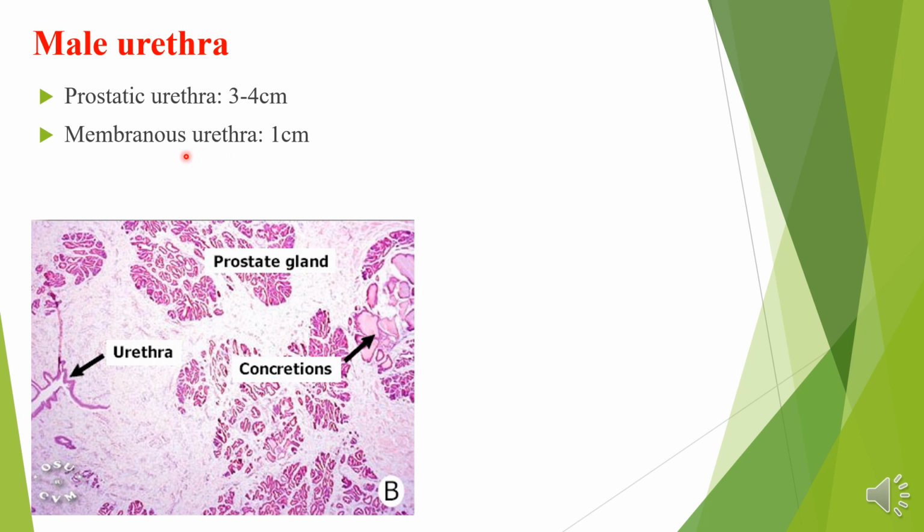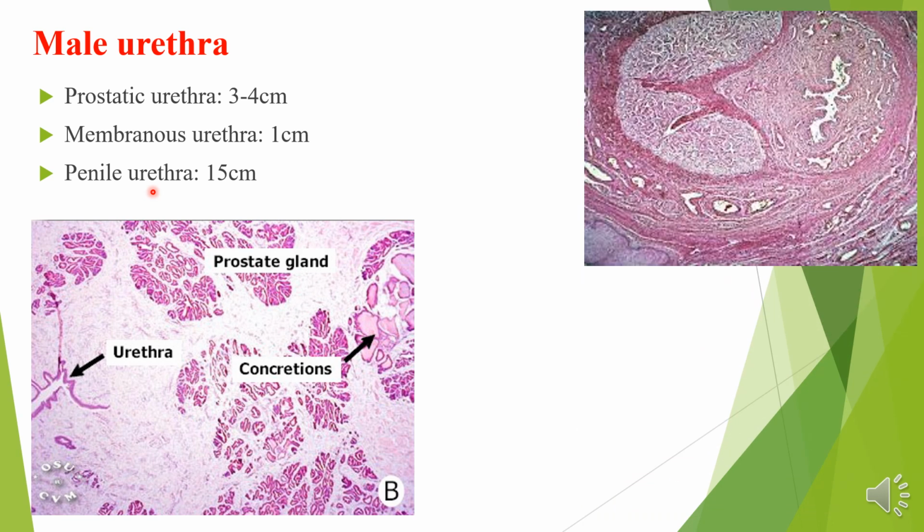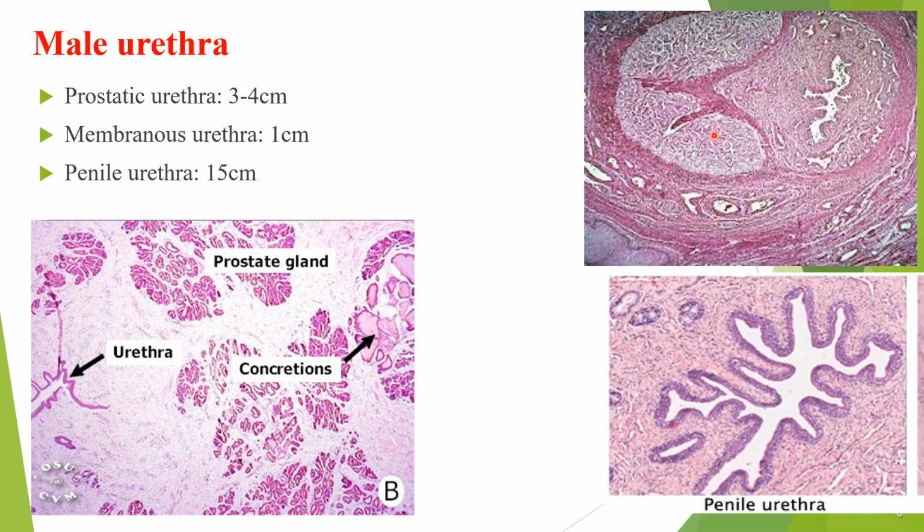The transitional epithelium ends over here, and the epithelium becomes either stratified columnar or pseudostratified epithelium. Next to the membranous urethra is the penile urethra, which is about 15 centimeters long, and it is lined by the pseudostratified epithelium, except at its end where it exits, where it is lined by the stratified squamous epithelium.